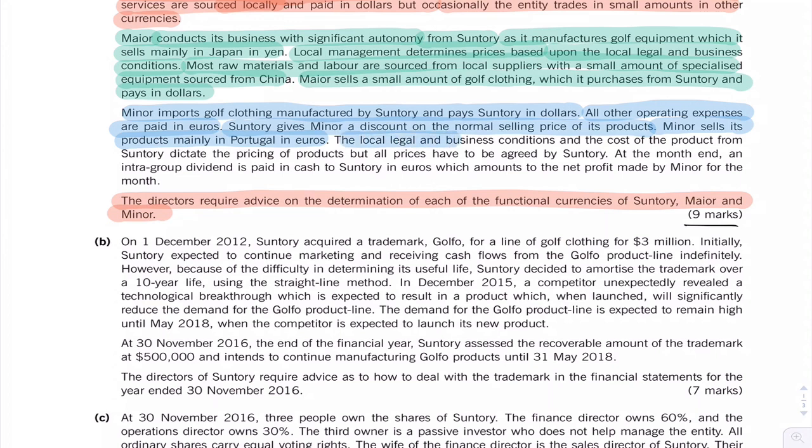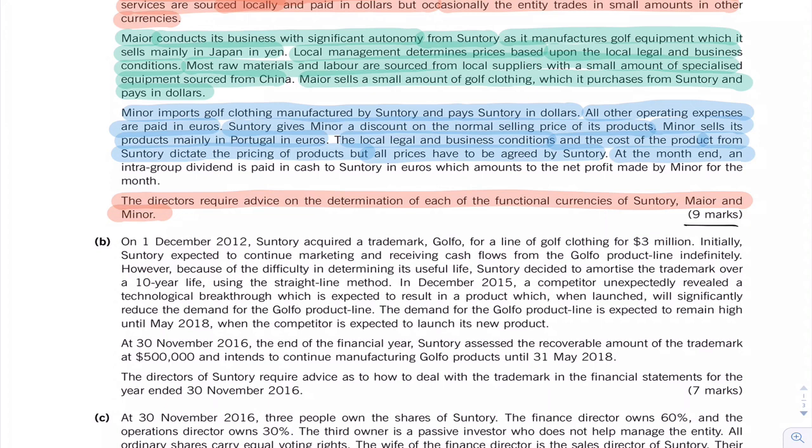The local legal and business conditions, so we're talking about the regulations, the competitive forces, and the cost of the product, production costs, all these primary factors from Suntory and the cost dictate the pricing of products. So all of that euros. However, they have to be agreed by Suntory. So I don't know that, but that makes it seem more like euros.